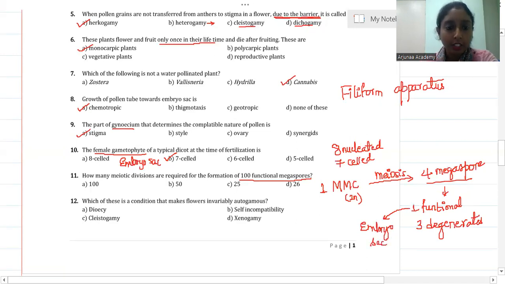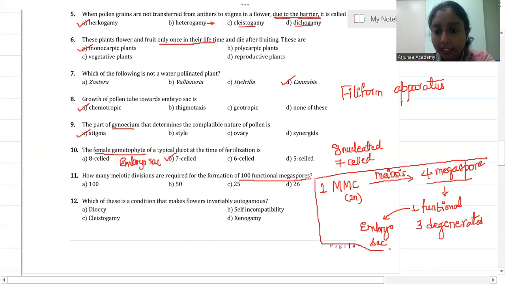Right? So here, what are they asking? How many meiotic divisions are required for the formation of 100 functional megaspores? From this, we understood that one megaspore mother cell forms one functional megaspore. That means for 100 MMC, 100 functional megaspores will be produced.